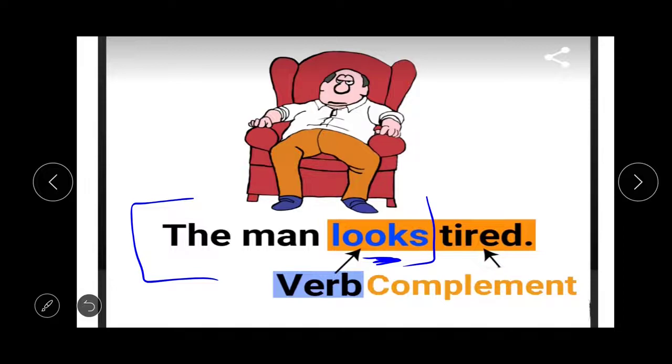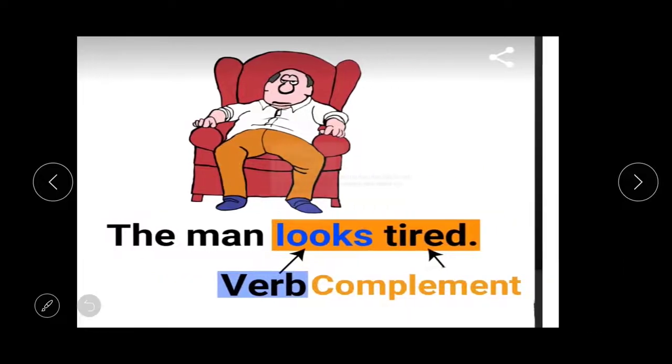And this word that makes the incomplete predication a complete one is called the complement. Meaning, the word that makes the incomplete sentence a complete one is the complement.